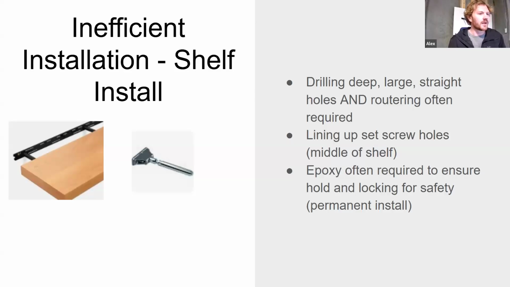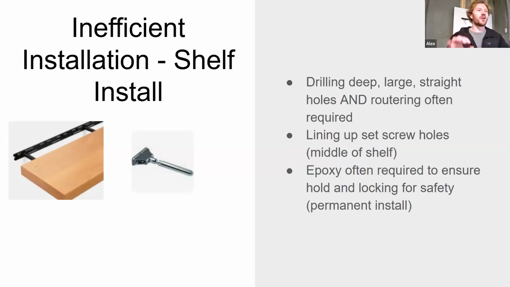Lining up the set screw holes can be difficult from the middle of the shelf, but also you generally need to line these brackets up with your studs in order to get some load capacity out of it. And if you're doing something like the right side there, just those prongs and that's it, wherever you want to put them is fine. But if you're sending the shelf to someone or something, right, you have to line up those prongs with the studs, but then you also need to line up those prongs with your shelf.